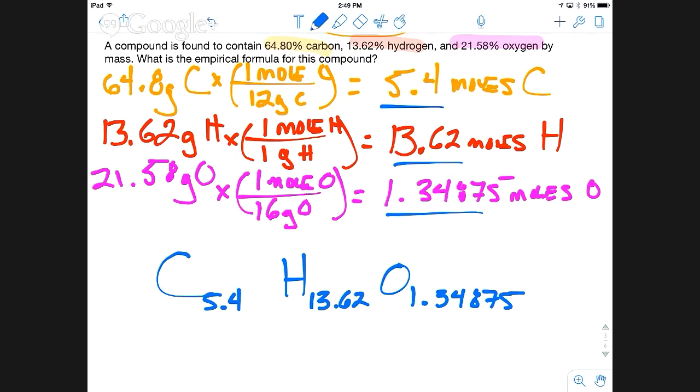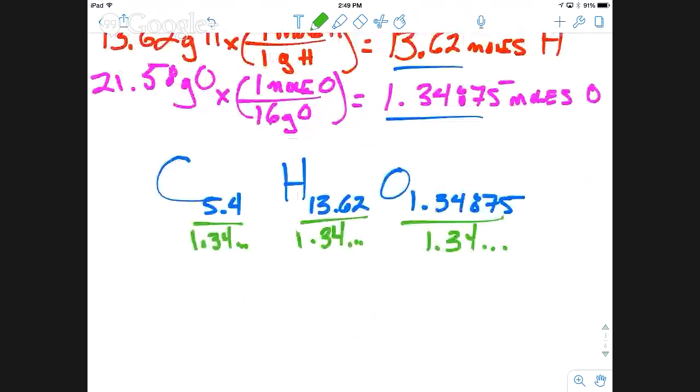The smallest number you can have in that formula would be 1. So to accomplish that, I'm going to divide all of these by whichever one is the smallest, in this case the 1.34875. Because that guarantees that when I rewrite this, the smallest number I'll have is 1, because I'm dividing all of them by the smallest.